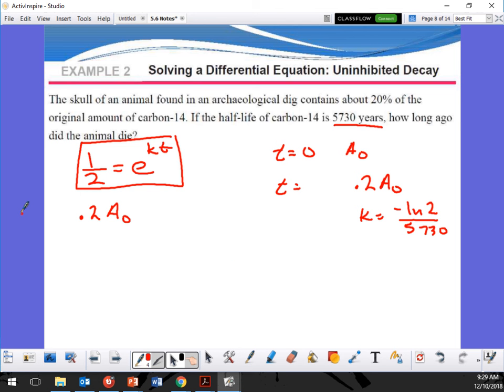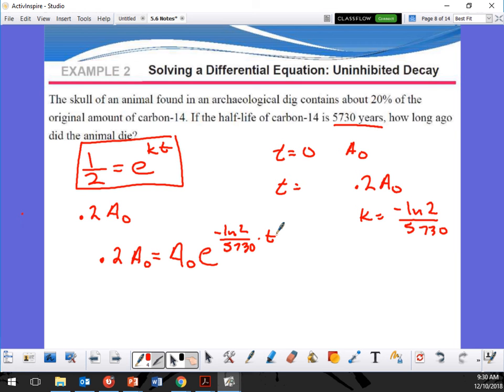Okay, so now that's some important information. I have a K. I want to know when the amount is equal to 20%. So I know it's going to be 0.2 A sub naught equals A sub naught e to the negative ln 2 over 5,730 times t.